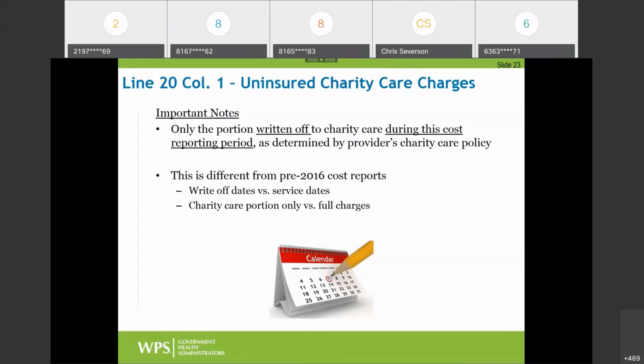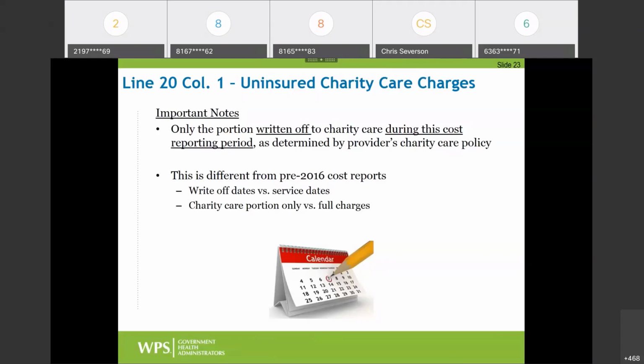Should the self-pay discount be considered charity or contractual allowance? For our purposes, it should be charity in this case. Anything that's an actual contractual allowance generally wouldn't be allowed for our charity care or uncompensated care purposes. So yeah, it should actually be charity care. But again, it's all about it being part of your policy.